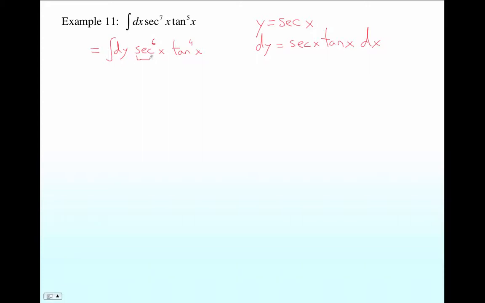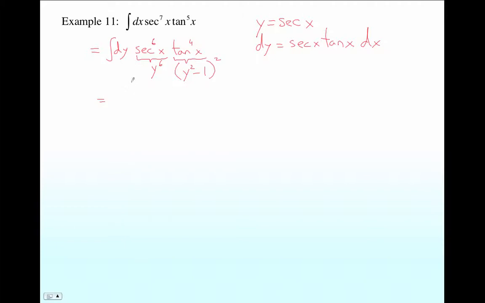But this now is y to the power 6, and tan squared of x, as you remember, is sec squared of x minus 1. So this is y squared minus 1, squared.